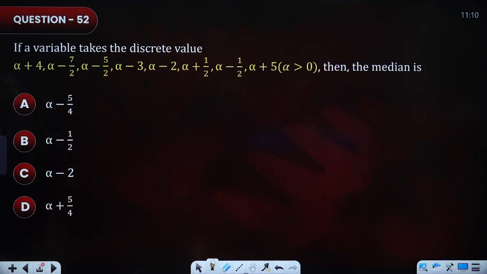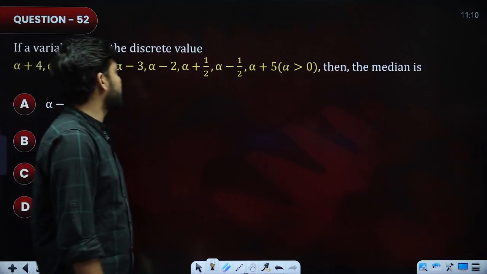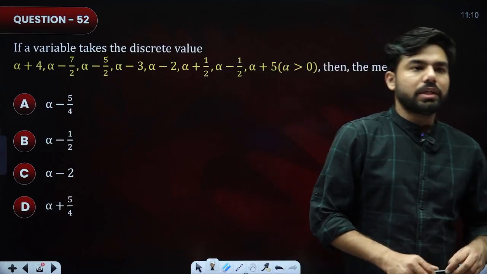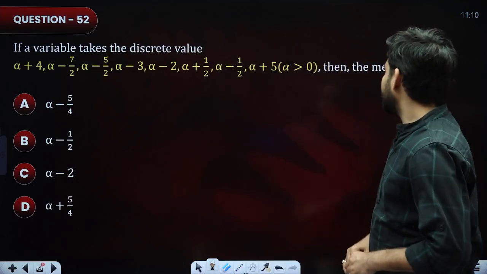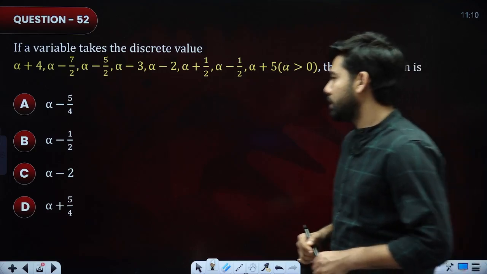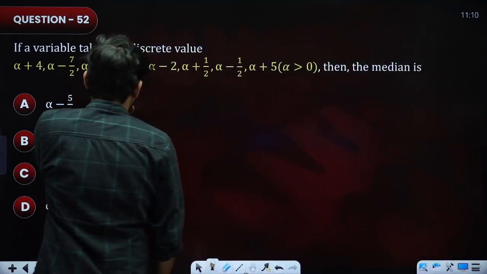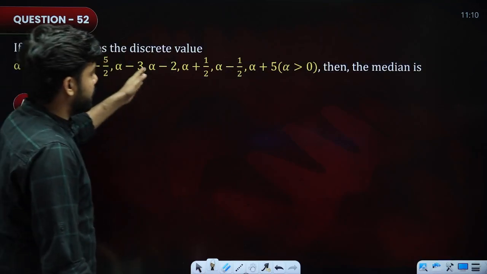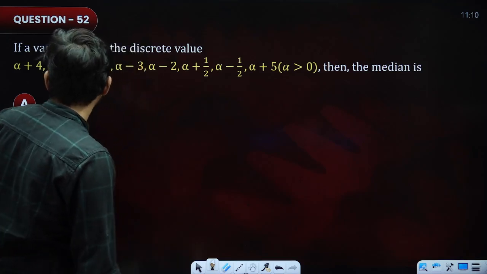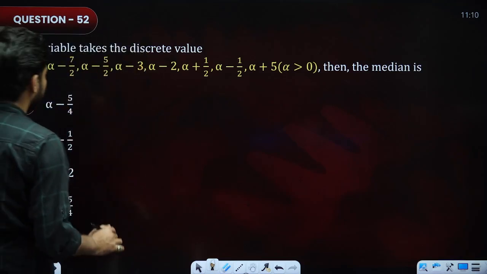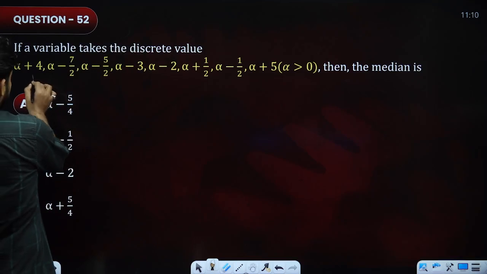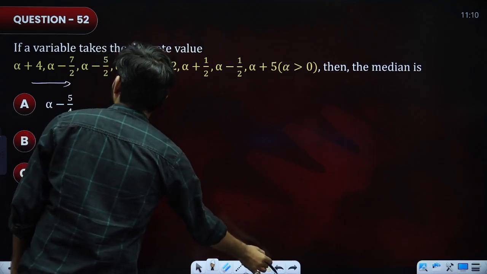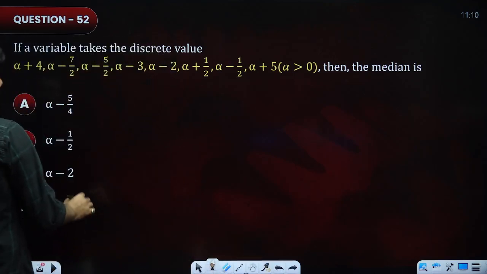In the next question, the variable takes discrete values and we have to find the median. As you can see, this is in decreasing order, then we have increasing order over here. So we have to write everything in increasing order.